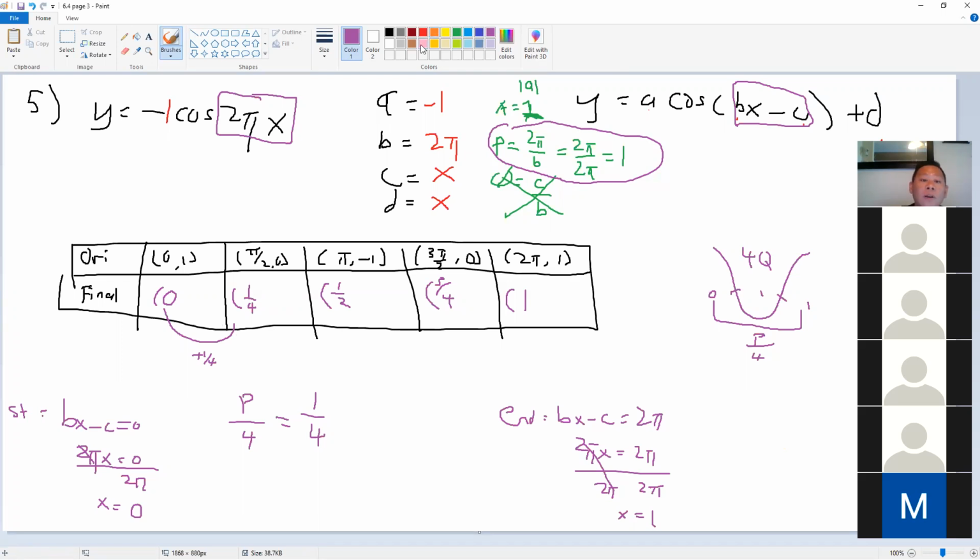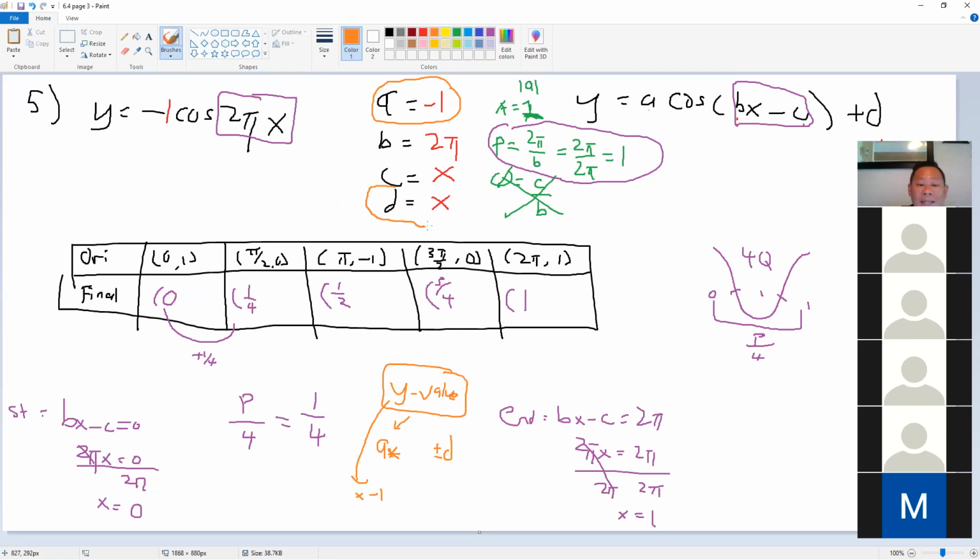In order to figure out your y values, you need to look at your a and your d. If you have a, you multiply by it, and then you either add or subtract d. If you look carefully at what we have here, a is -1. So we need to take all your y values and multiply by -1.